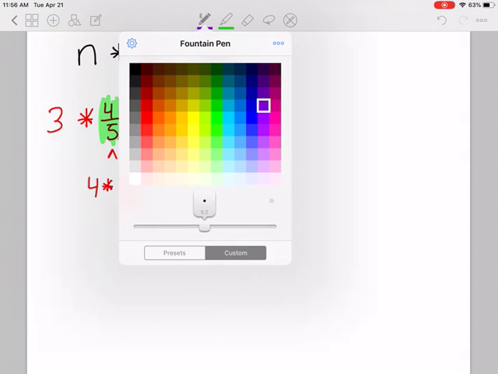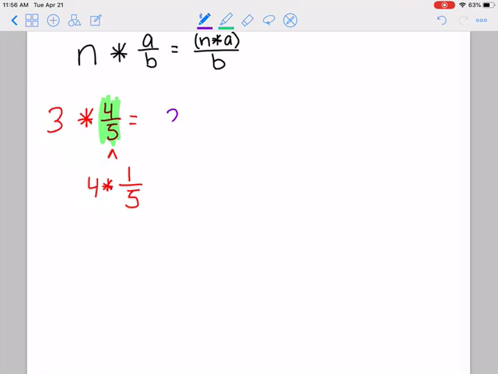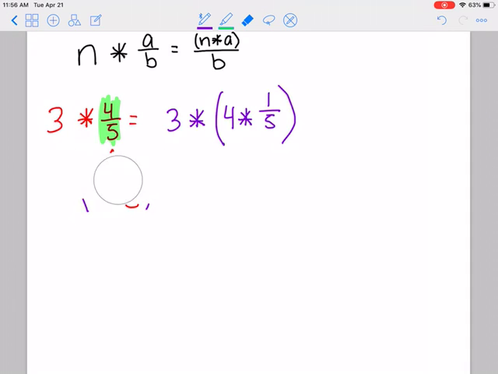So now I'm going to rewrite my problem. So we have 3 times what we changed 4 fifths to, which is 4 times 1/5, because remember, it's just another way to write that fraction. And now we're going to solve. So we're going to do the whole numbers first. So 3 times 4 times 1/5.